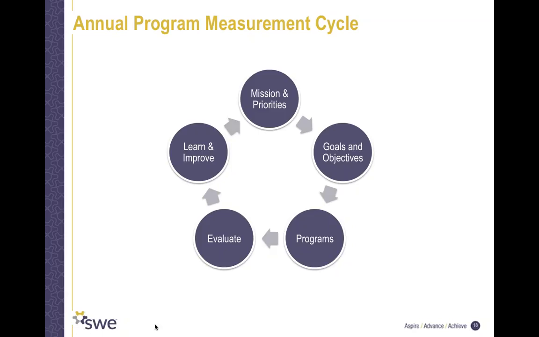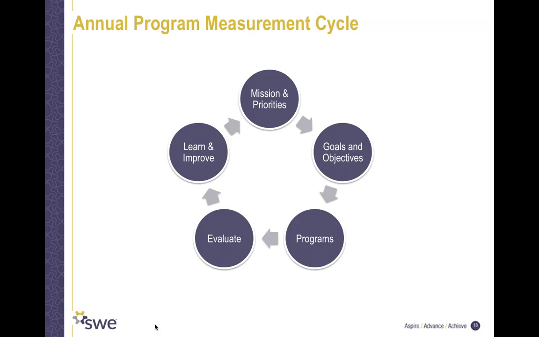Here's an example of an annual program measurement cycle. First of all, you want to identify your mission and priorities. Set your goals and objectives. Develop your programs to ensure that your programs are directly in line with your goals and objectives, which should fulfill your mission and priorities.